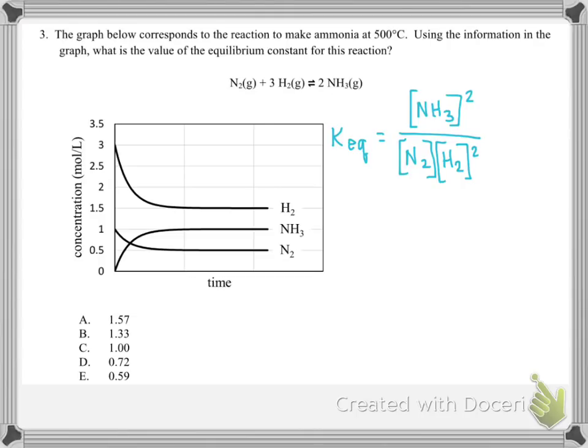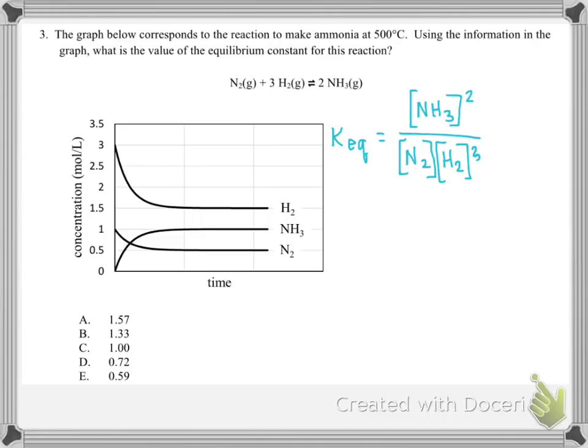Okay, for number 3, we're making ammonia. We have the Haber process. Okay, and so we have this graph, and they want us to figure out what KEQ is for the reaction. So I've gone ahead and written the KEQ expression for this reaction.